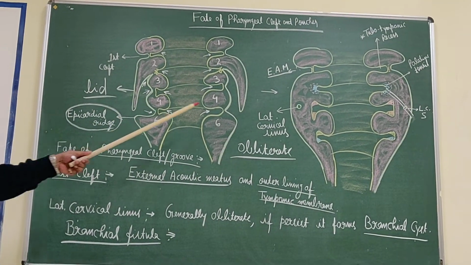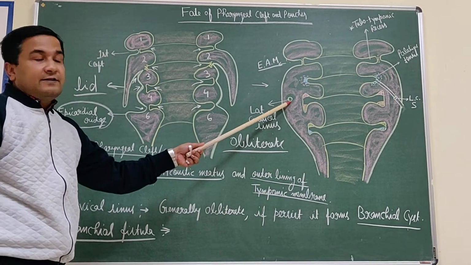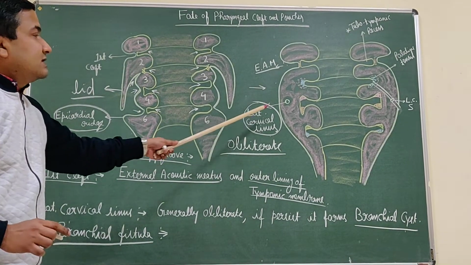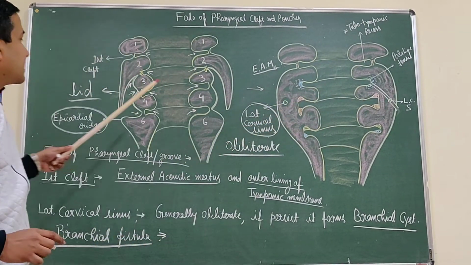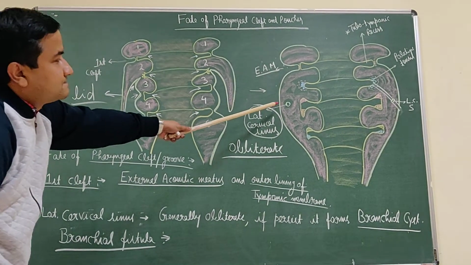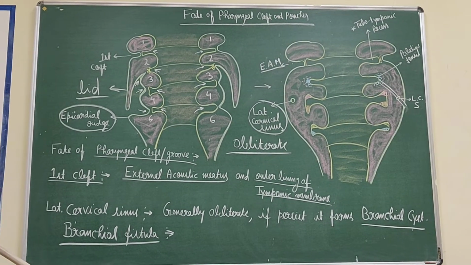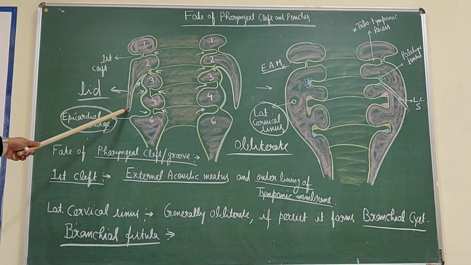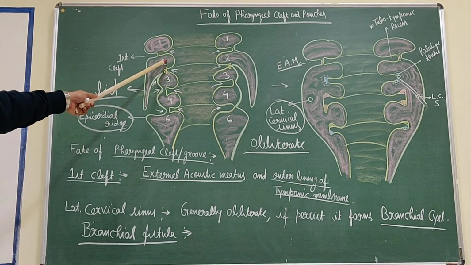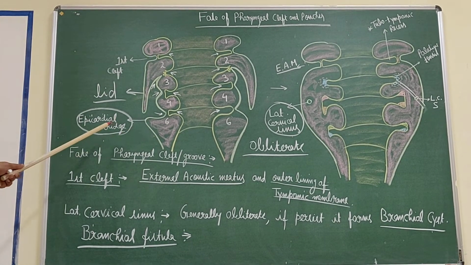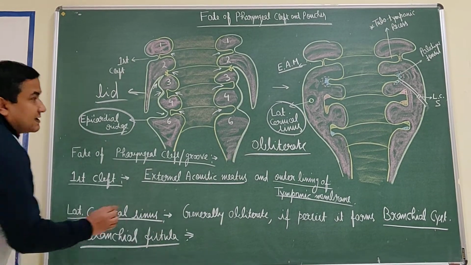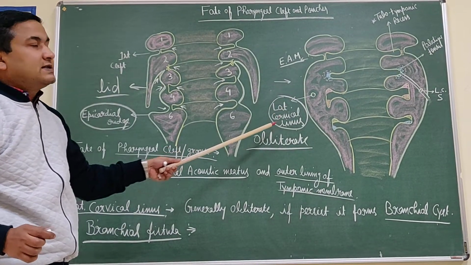As a result of fusion, in the early stage of life, there is formation of a cavity, a sinus. This is the lateral cervical sinus present on both sides. Sinus means cavity, and it is formed due to the fusion of the overgrowth, the operculum of the second pharyngeal arch, with the epicardial ridge. This cavity is the lateral cervical sinus.